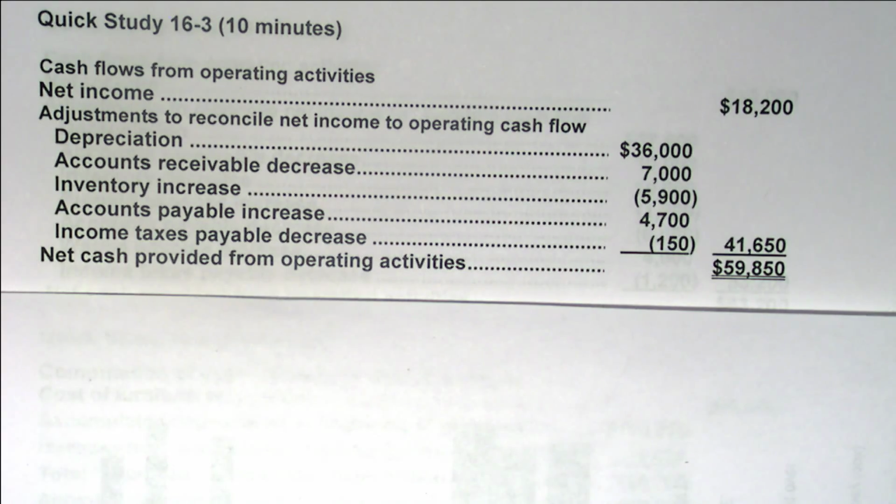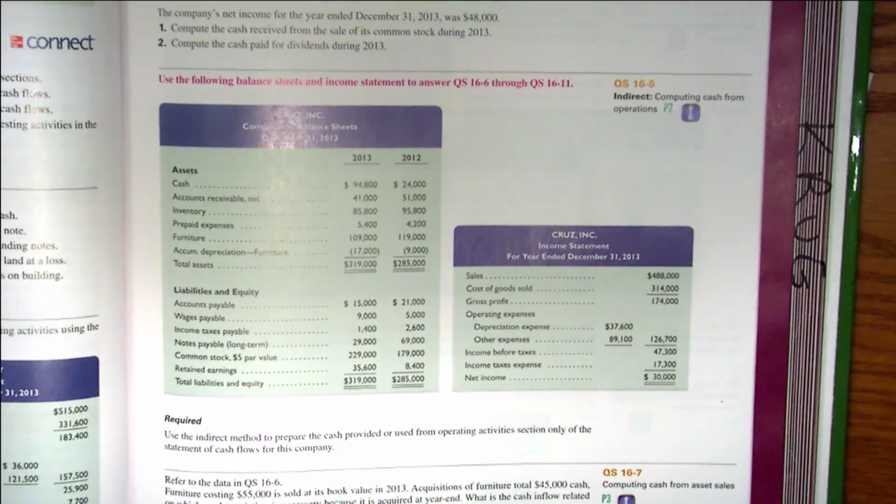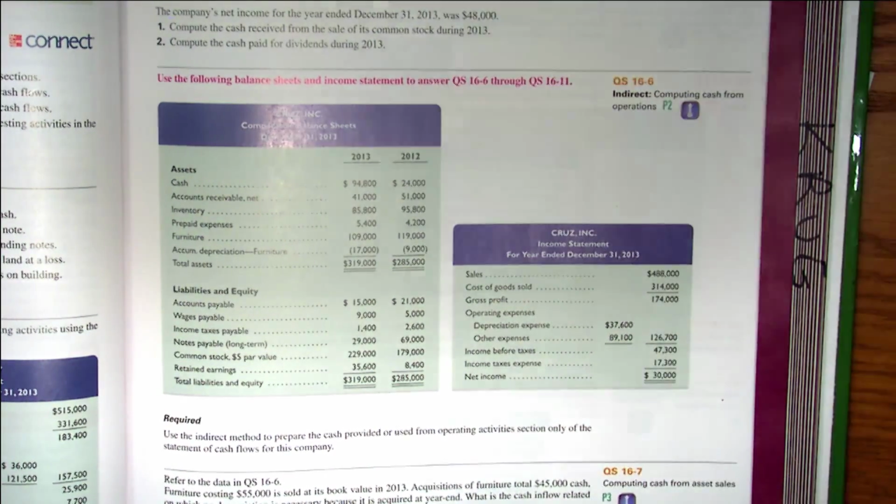So cover up your answers. Do them again on the test, okay? All right. Okay, any questions? Is that it for the homework? Okay, we're going to work on one more here in class while they play that music. Let's go ahead and work on, in class, Quick Study 16.6.